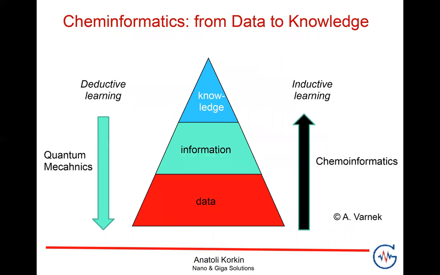So it's just a formal diagram I got from my colleague, Alexander Varnek, who is professor in Strasbourg University. So quantum mechanics uses so-called deductive learning. So we start from structures and then deduce knowledge about the materials. In cheminformatics, it's kind of an opposite. It's a top-down approach.